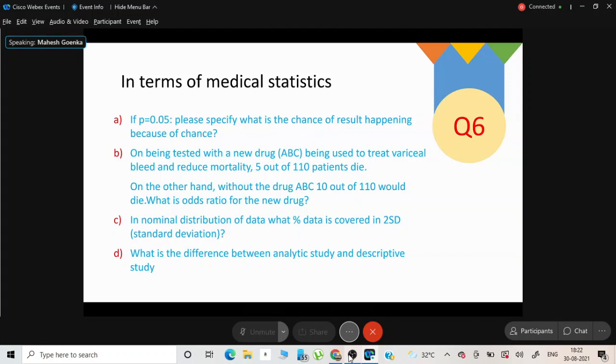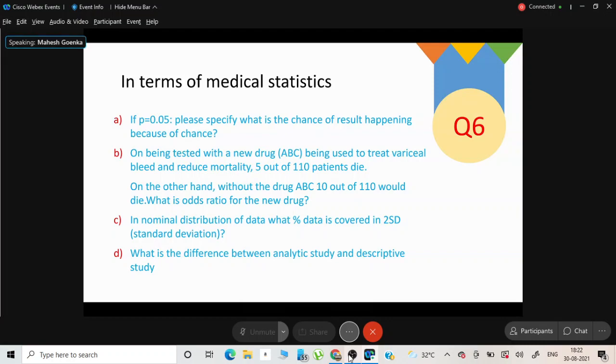On the other hand, without the drug ABC, 10 out of 110 patients would die. What is the odds ratio for the new drug to reduce the mortality? 5 out of 110 compared to without the drug 10 out of 110. And we are looking for odds ratio.